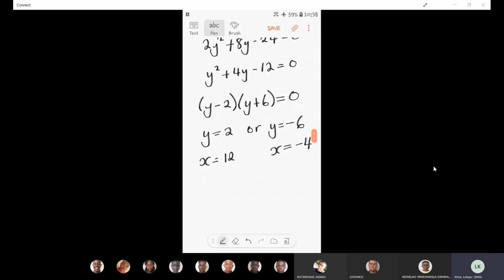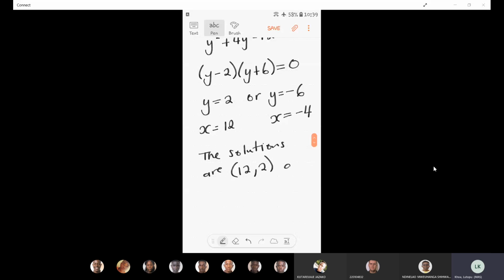Right, so I can write down the solutions. Are 12, 2. Remember, it's x, y. X must come before y. And negative 4, negative 6.